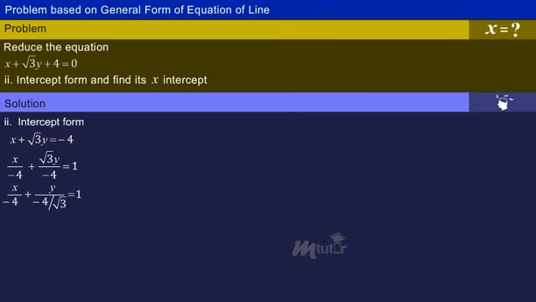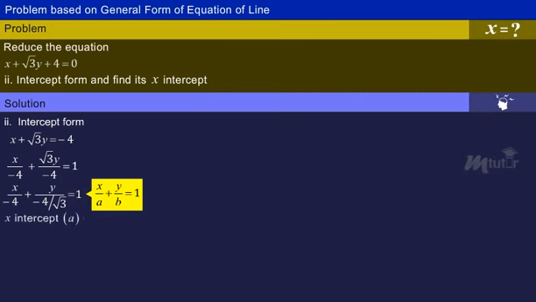This implies x by minus 4 plus y by minus 4 by root 3 is equal to 1. This equation is in the form of intercept. By equating the general terms, we get x-intercept a is equal to minus 4 and y-intercept b is equal to minus 4 by root 3.